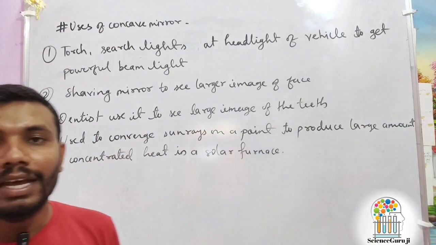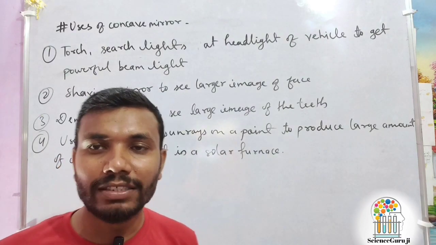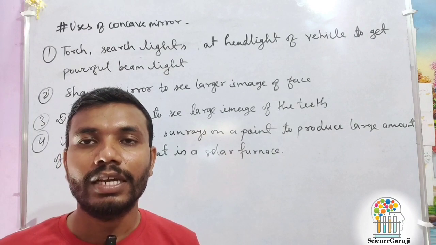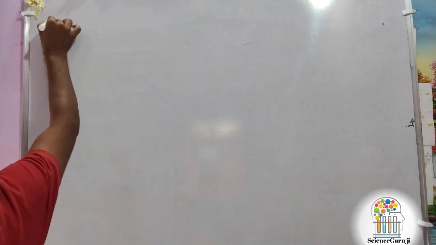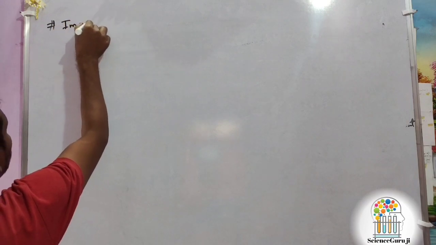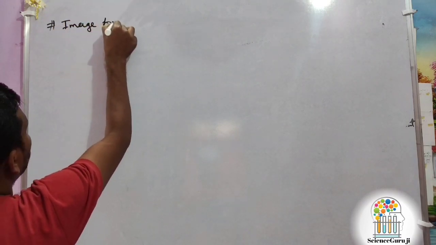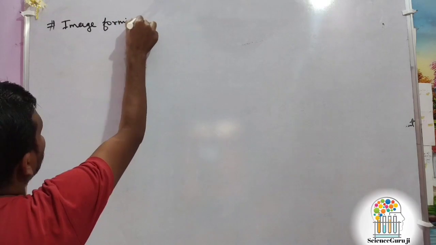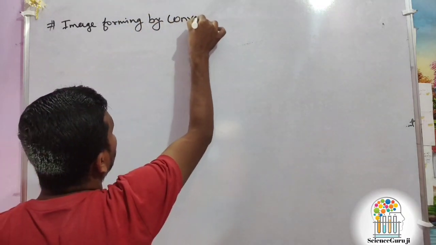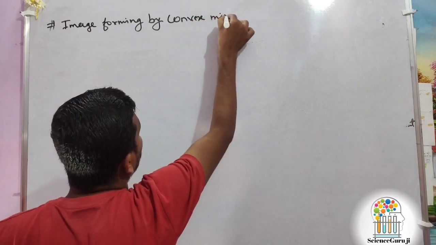Now we will move to our next topic, that is convex mirror image formation. Convex mirror forms two types of images. Okay, so our next topic is image forming by the convex mirror.